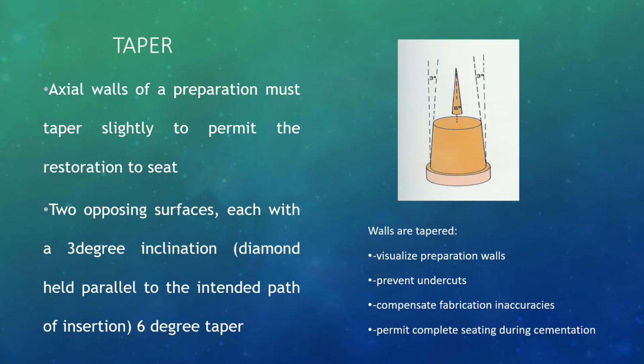You can see whether there are any undercuts. You have to make sure that there will not be any undercuts, and in case there are any slight inaccuracies, they will be compensated for, and it also helps in permitting the complete seating of the restoration when you are going to cement it.